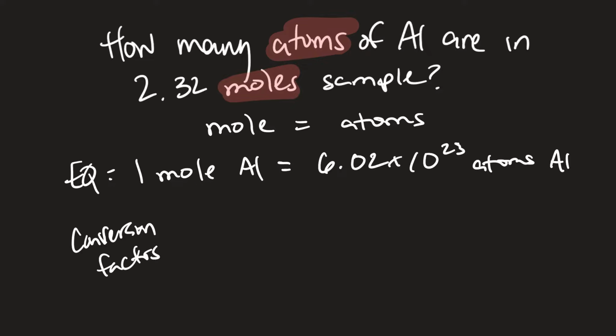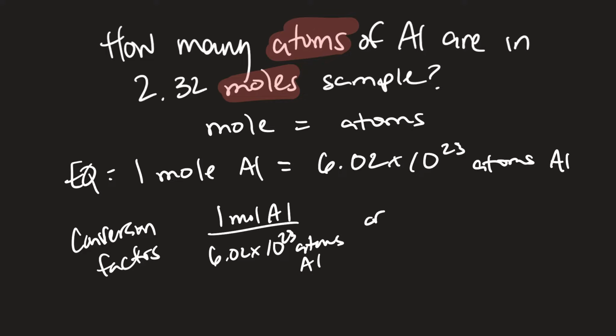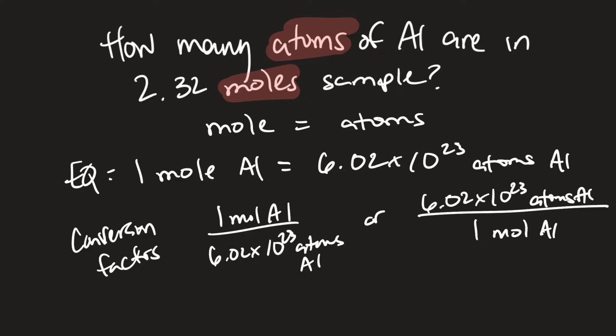Well, there's 2. Hopefully you know that. The 2 possible conversion factors are that you can either have 1 mole of aluminum over 6.02 times 10 to the 23rd atoms of aluminum, or 6.02 times 10 to the 23rd atoms of aluminum over 1 mole of aluminum. Okay, so these 2 are your conversion factors.